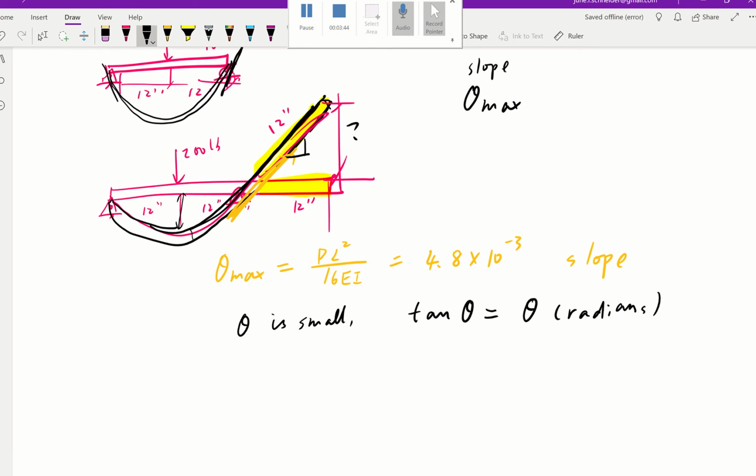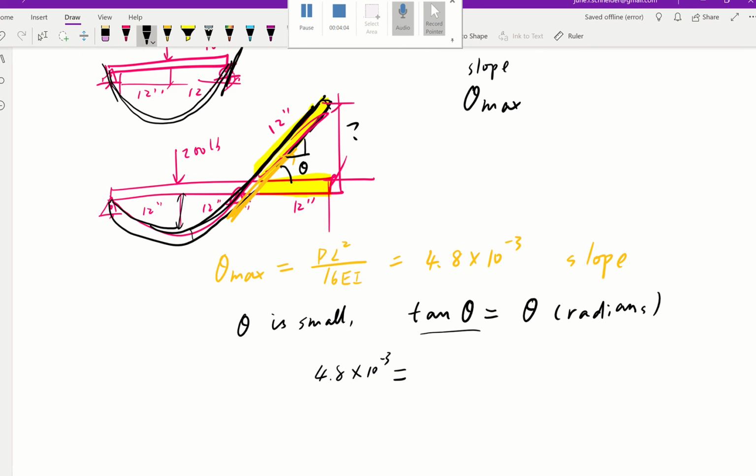So the slope is rise over run. Basically, it is the tangent of that right triangle. So then this slope here, 4.8 times 10 to negative 3, is going to equal this angle right here, theta.